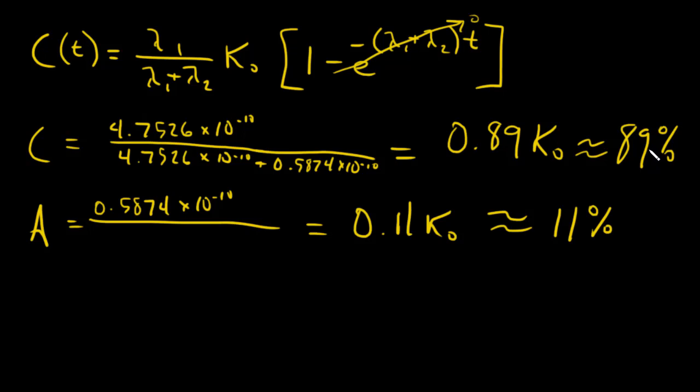The ratio of 89 over 11 is about 9 to 1, which is about what it looks like if you just glance at these two values. So it's no shock, but it's nice to know that as an infinite amount of time passes, 89% of all potassium-40 becomes calcium, and 11% becomes argon. So there you go, in case you wanted to know.